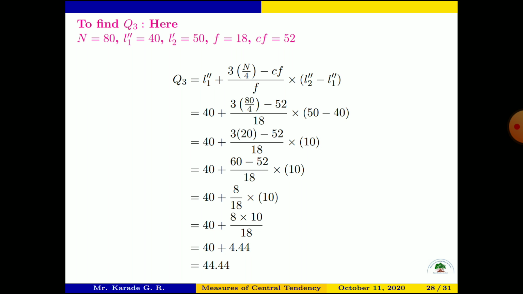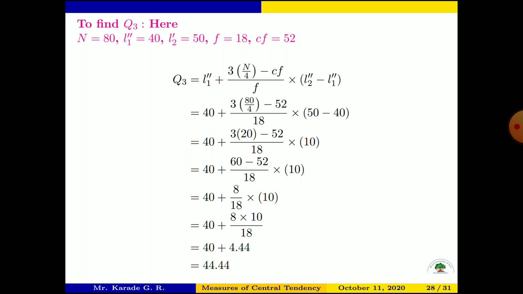Now next is to find third quartile Q3. Here n is equal to 80, L1 double dash is 40, L2 double dash is 50 and F is equal to 18 and CF, cumulative frequency preceding to the third quartile class, is 52.